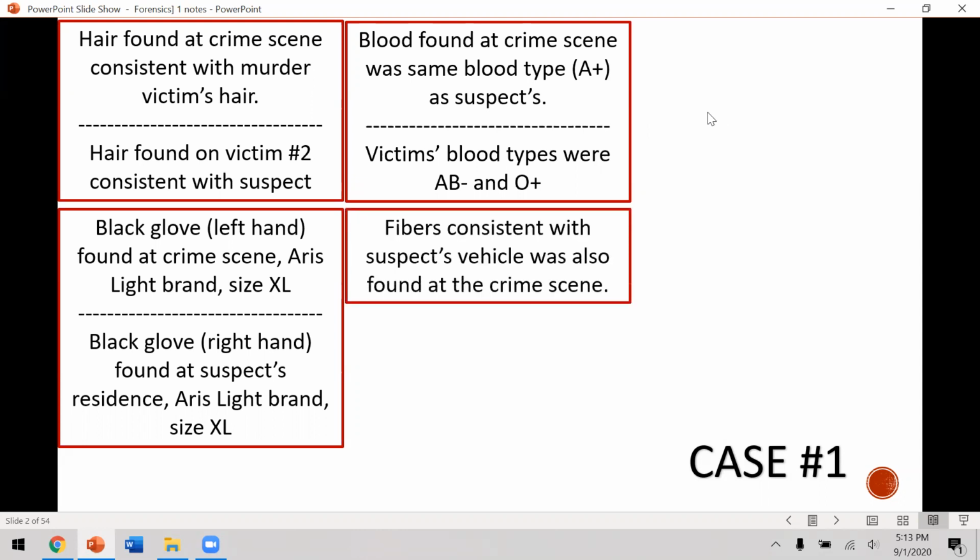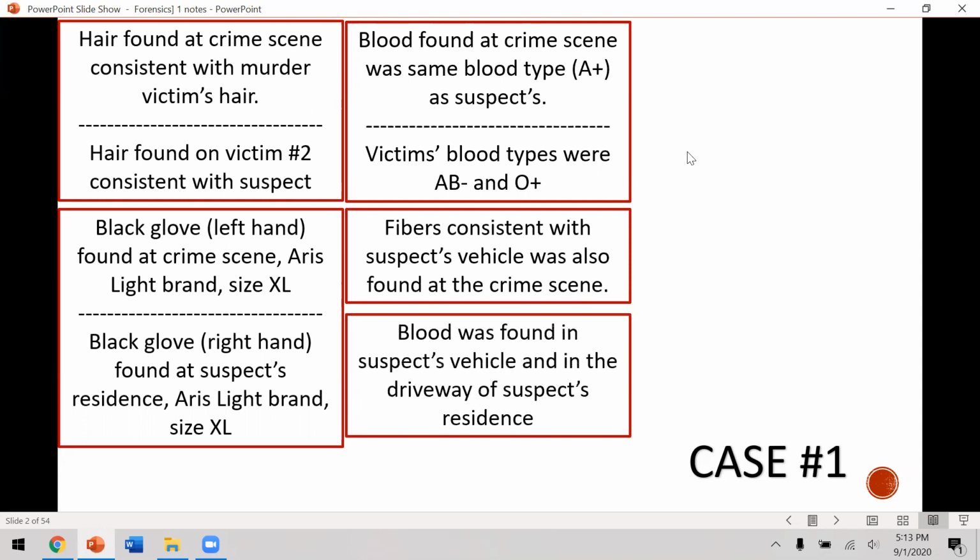There were fibers consistent with the suspect's vehicle found at the crime scene. So those fibers could come from the upholstery or the carpet of the vehicle. Blood was found in the suspect's vehicle and in the driveway of the suspect's residence.